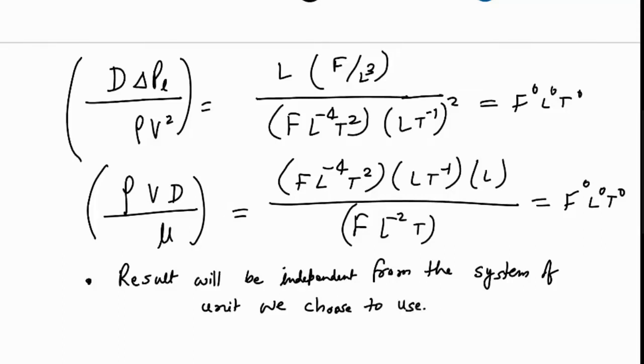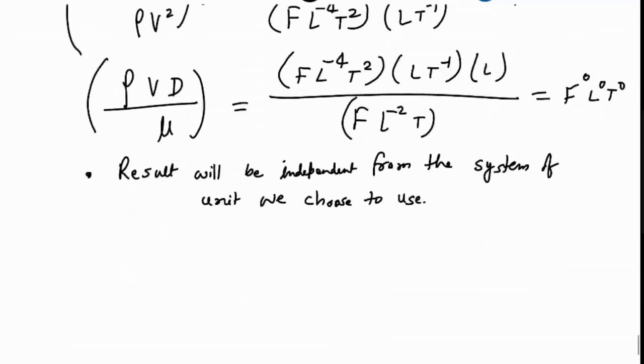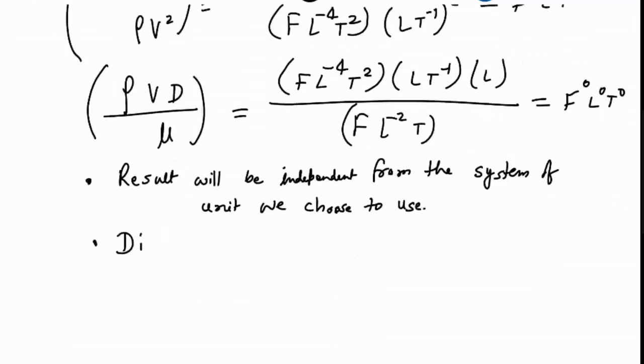And this is called dimensional analysis. If you have many variables, how do you reduce them? All this is called dimensional analysis. So in the next class, we will discuss more how we perform it.